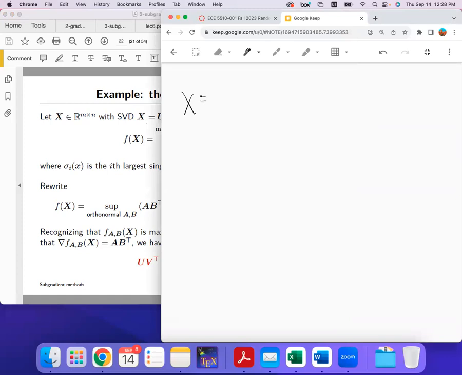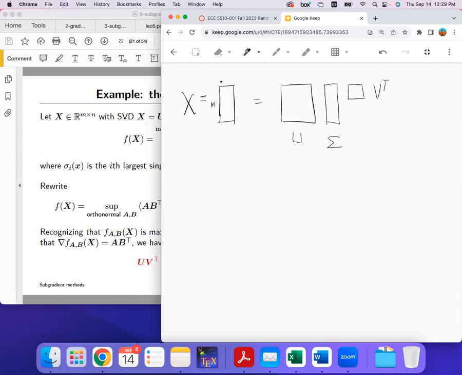So, for example, if X is a tall matrix, then this can be decomposed as U, this is sigma, and this is V transpose.